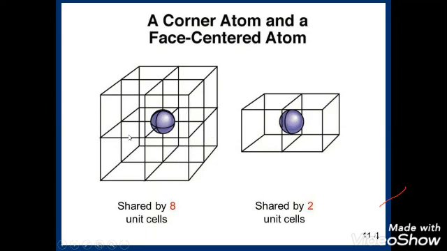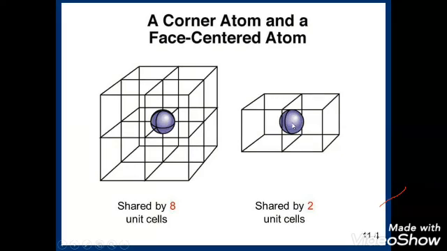And this unit is at the corner. That means this unit is shared by 8 corners. This corner is a common corner to 1, 2, 3, 4, 5, 6, 7, 8. So each unit at the corner is shared by 8 unit cells.